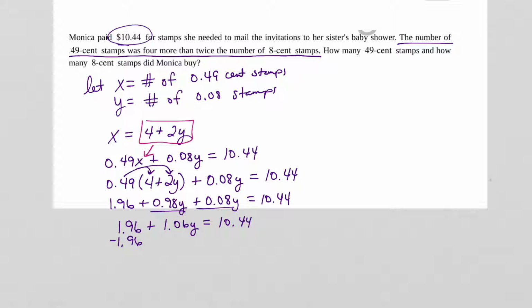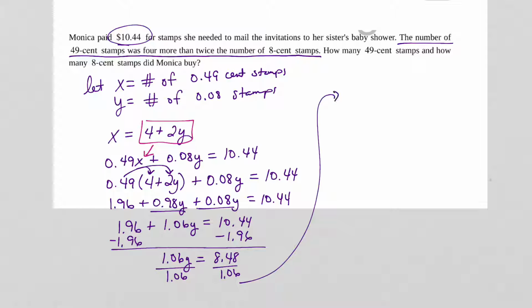Subtract $1.96 from both sides. Divide both sides by $1.06. And I get that y is equal to 8.